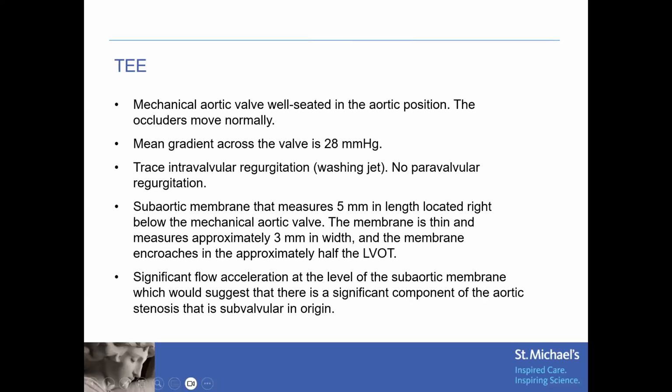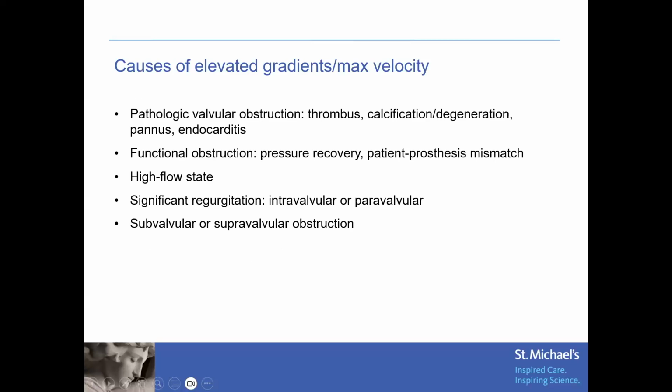Because of that, there was significant flow acceleration across the valve with elevated gradients. So this patient went on to have an excision of that subaortic membrane, following which their gradients normalized and the echo findings were within normal.